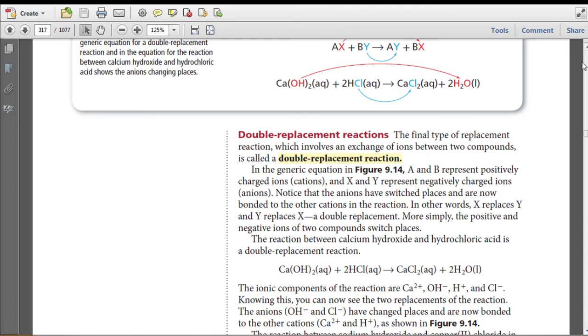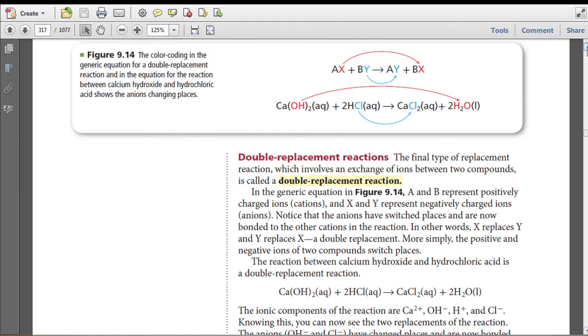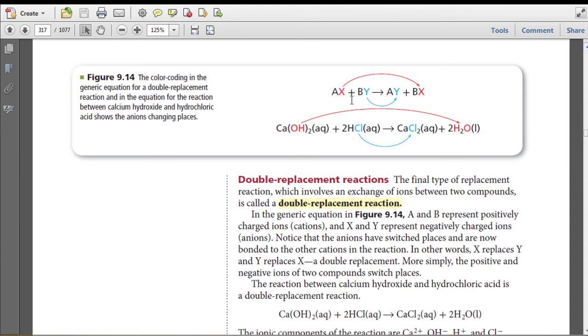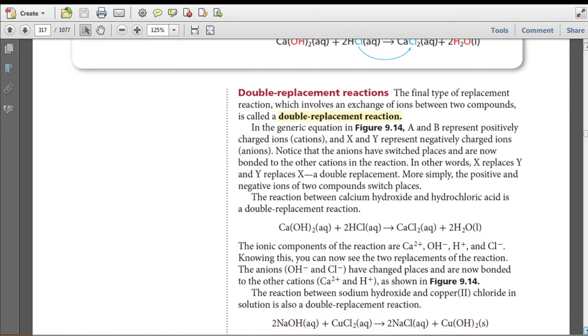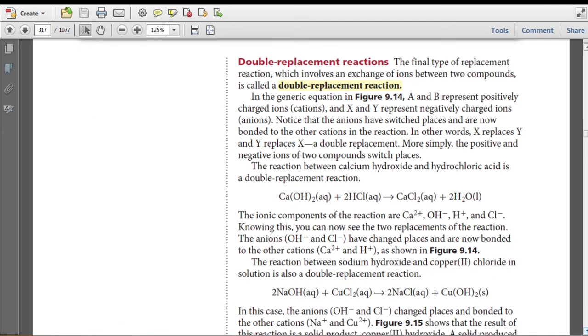That's what we can kind of see in this diagram here, right? We have AX plus BY, which is going to yield us AY plus BX. The reaction between calcium hydroxide and hydrochloric acid is a double replacement reaction.